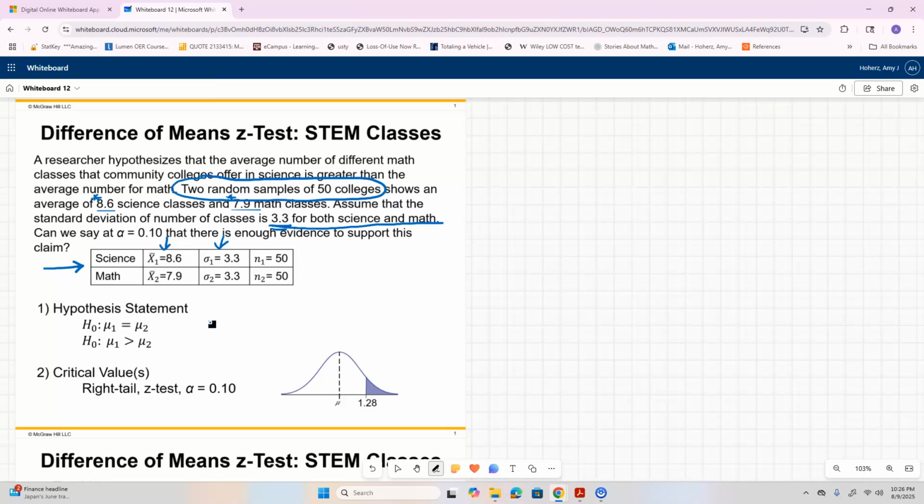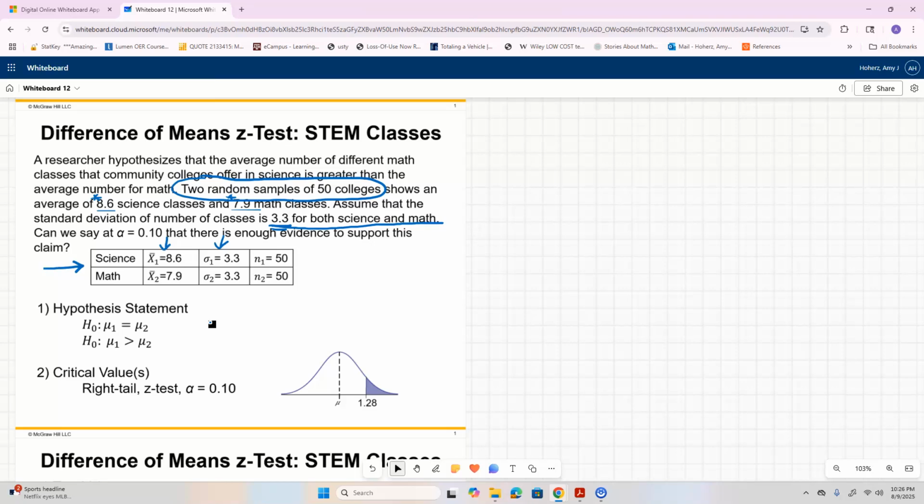Now, you will see in some cases, like in this case, where they will take the science and the math classes from the same 50 colleges. But in all honesty, these are supposed to be 2 completely random samples. So you really should not be taking the same 50 colleges for the math as you do for the science.